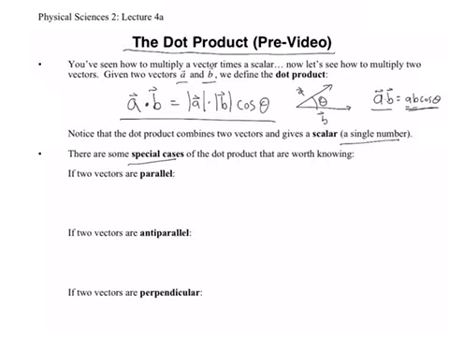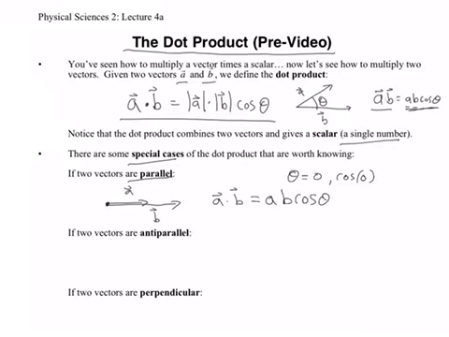And there are some special cases of the dot product. One is when two vectors are parallel. So for example, if you have a vector A and you do a dot product with the vector B, then A dot B is equal to AB cosine of theta, where notice that there's no actual angle between A and B. So we have theta equal to 0, and cosine of 0 is equal to 1, so this is just equal to AB.